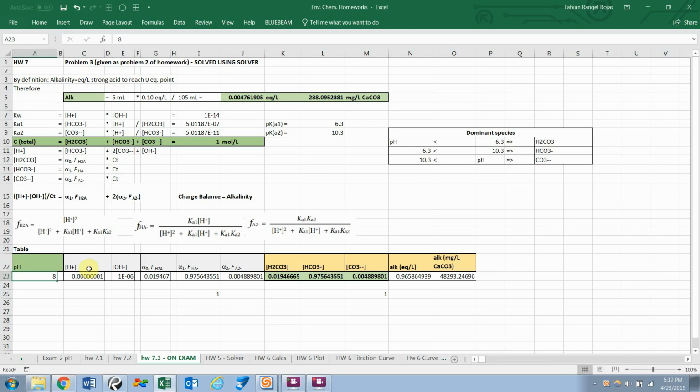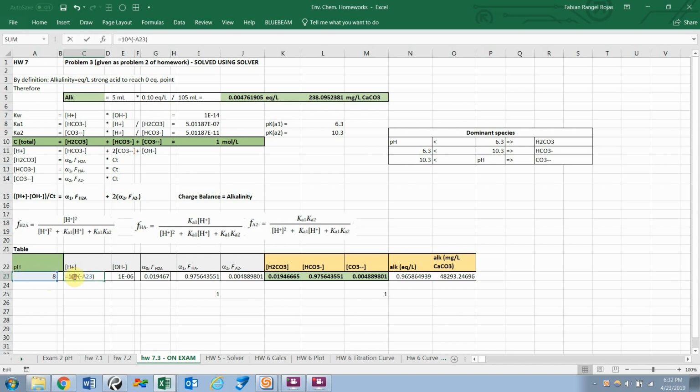Okay, so before I start, you'll notice that all the values here are dependent on H plus, Ka1, Ka2, and that my charge balance has all of those values plus OH minus and total carbon. So I need to define my alkalinity in terms of all these variables to solve this problem. So the first variable is pH.